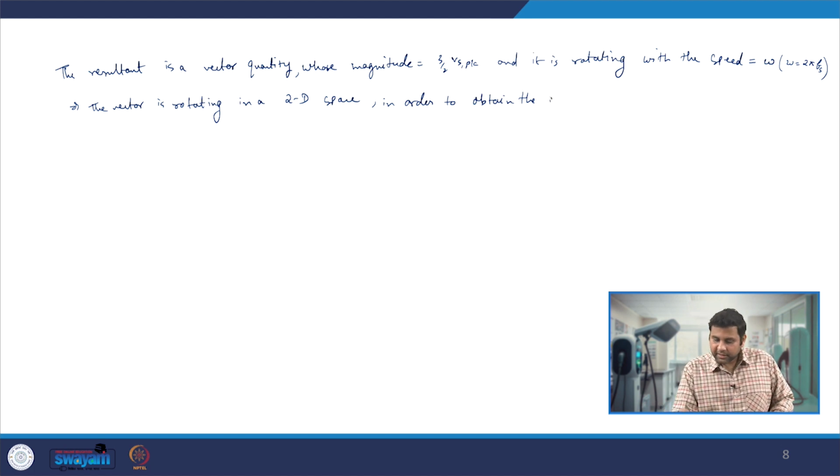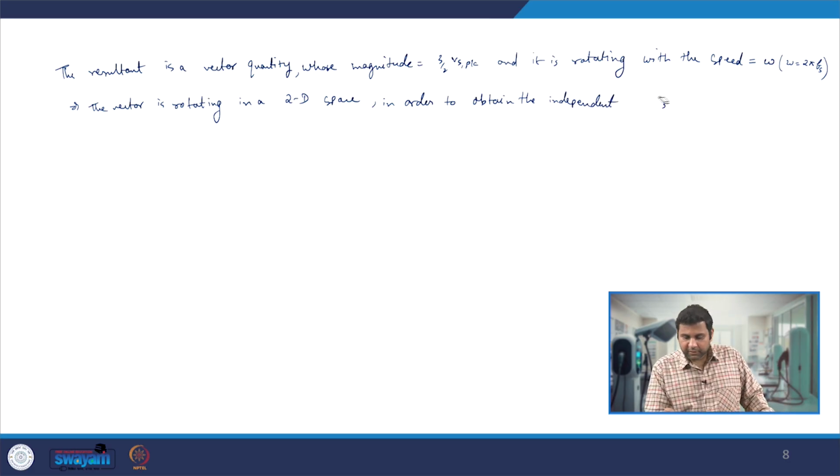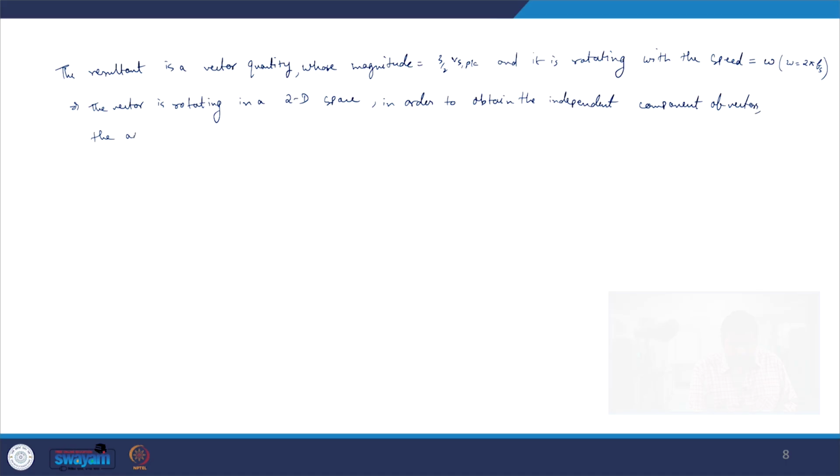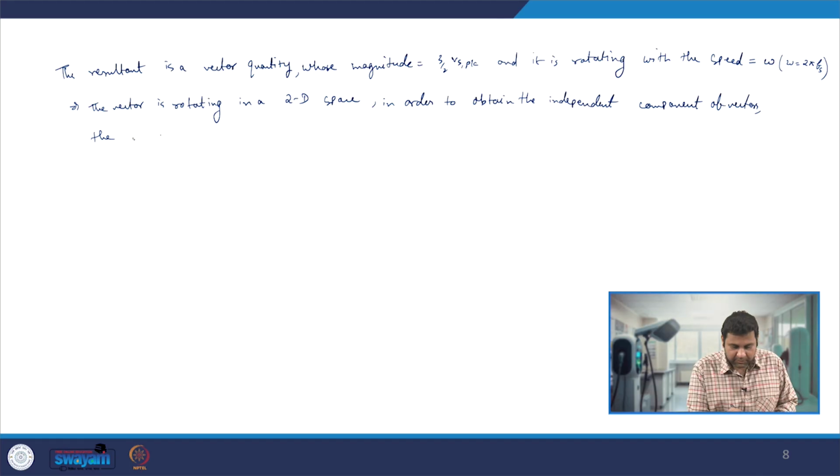So in order to obtain independent vectors or independent components of vectors, the representative axes have to be 90° apart from each other.